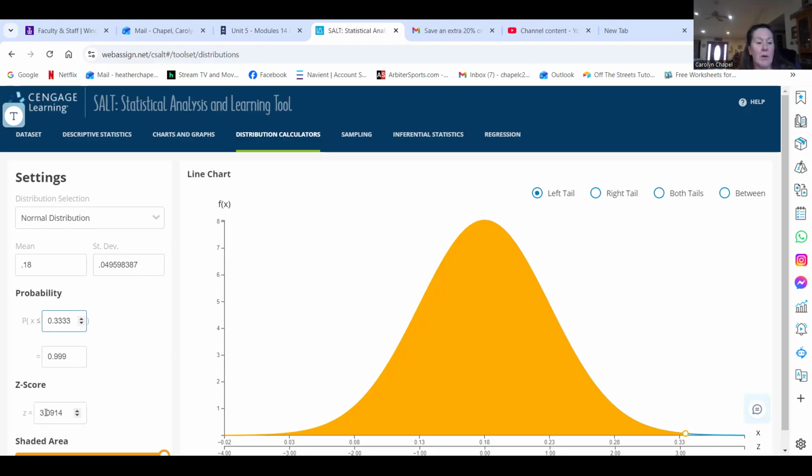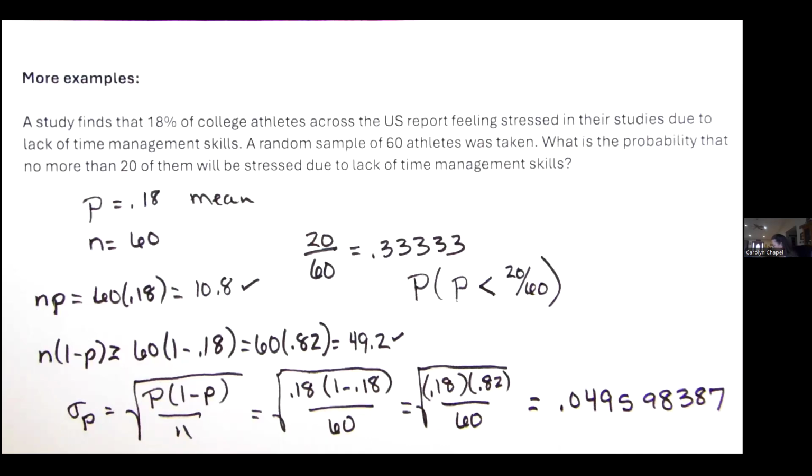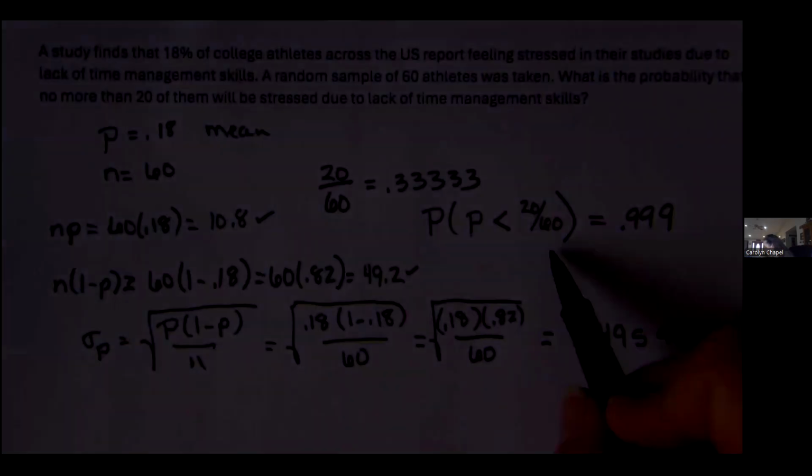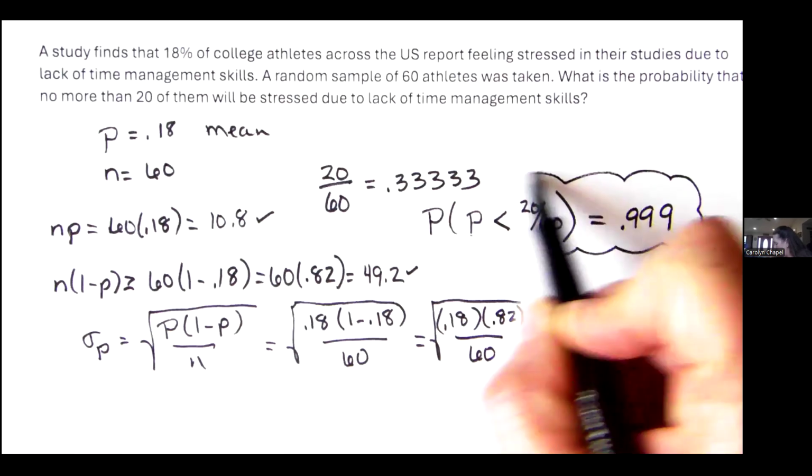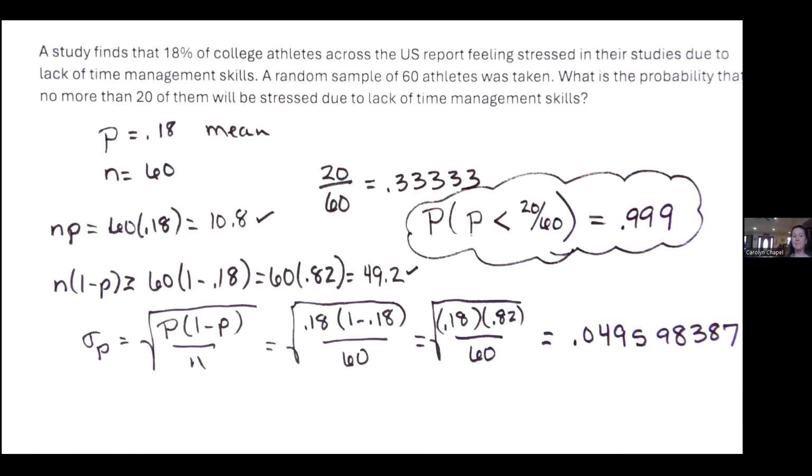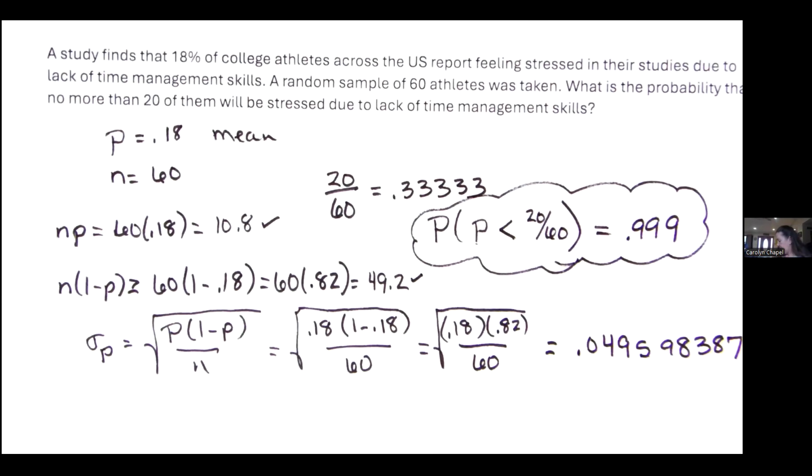So the z-score is 3.09 standard deviations above the mean. So we do get 0.999 or 3 nines. And I put that right in here for us where that probability statement was. Okay.